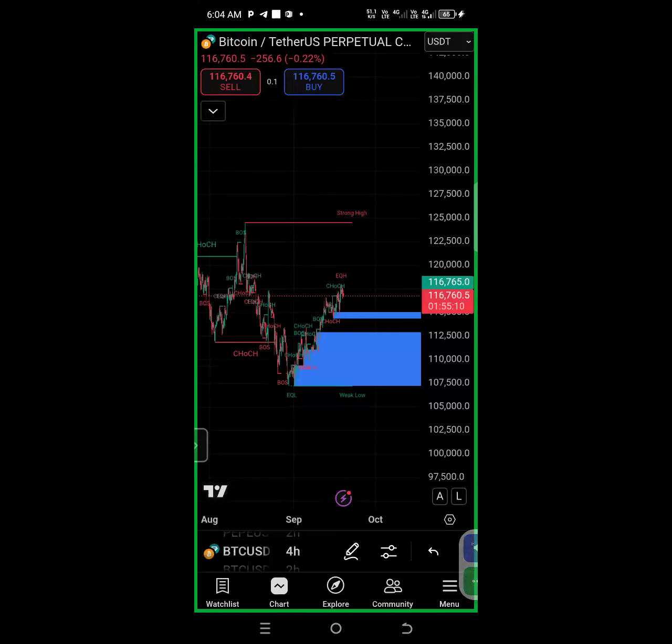In this case, you already have this here, and it has already been spotted out. So there is no need for you to draw the horizontal line. Notwithstanding, if you want to draw the horizontal line, that is fine. You are drawing the horizontal lines where the market makers exist, that is, where liquidity exists. So in this case, your strong high and your strong low have been spotted out for you already.